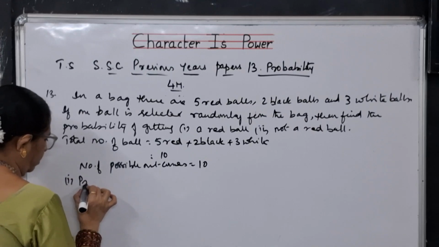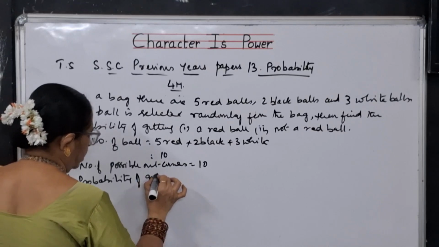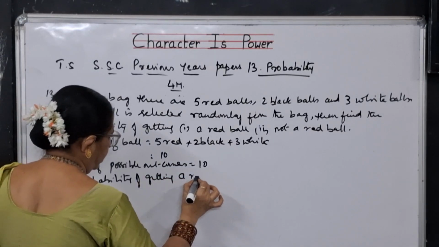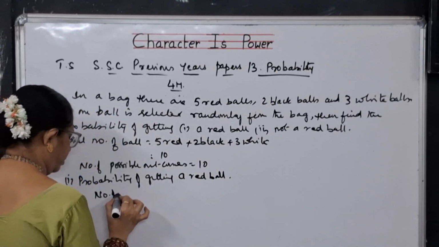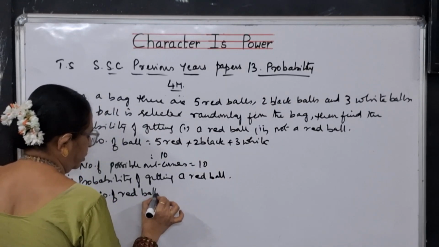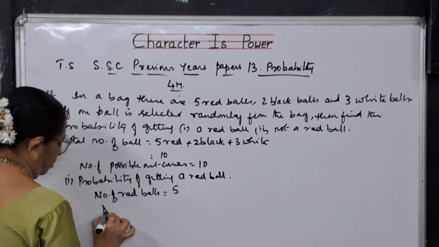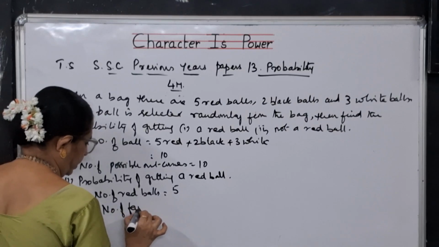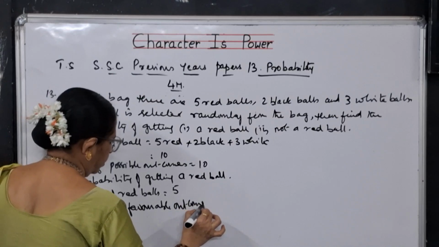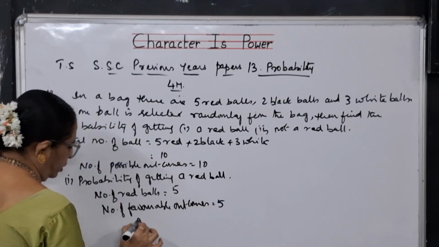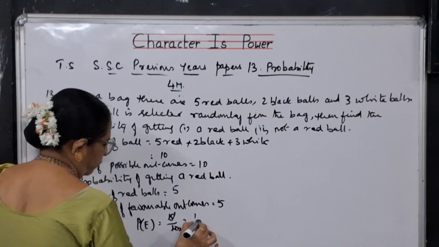So the first one is probability of getting a red ball. So what are number of red balls? Number of red balls are 5. So number of favorable outcomes is equal to 5. So what is P of E? 5 by 10, that is 1 by 2.